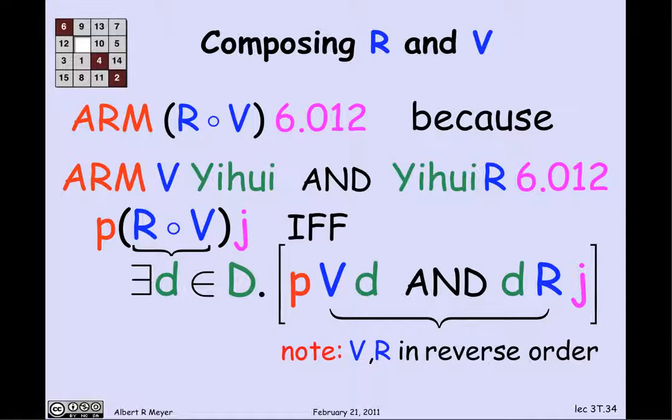When you apply one function, R to V to something, you're applying V first, and you write it on the right. So R∘V is written like function composition, where V applies first, but the logical statement, the natural way to write it, is to follow the way the picture works, and the V's and R's get reversed. So watch out for that confusion.